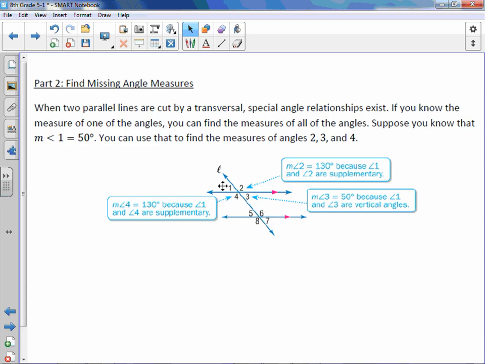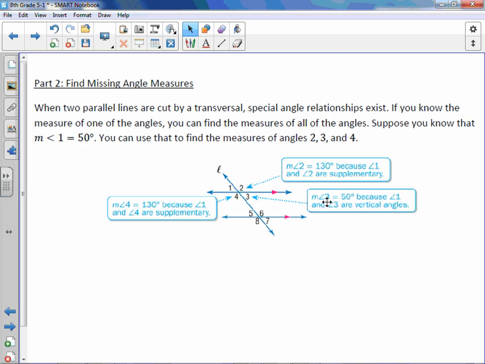Angle 1 and angle 2 are supplementary because they form a straight angle, which is 180 degrees. So if angle 1 is 50, and 50 plus something gives me 180, that would be 130 degrees. And again, the reason is that 1 and 2 are supplementary.